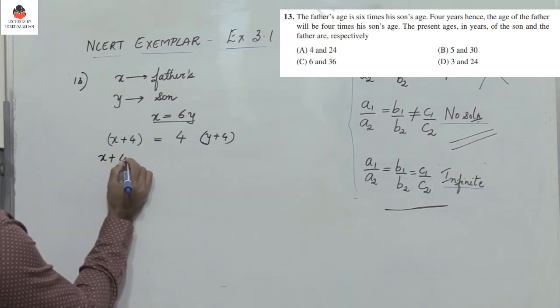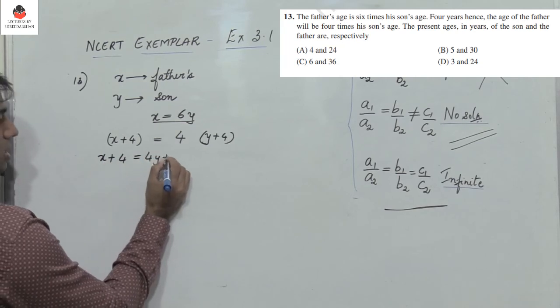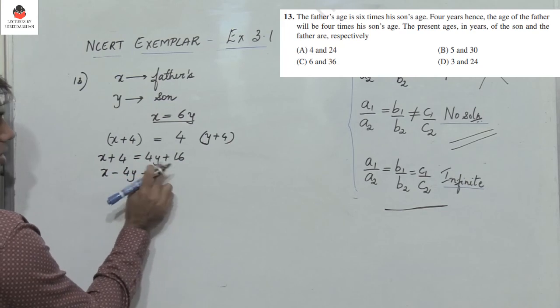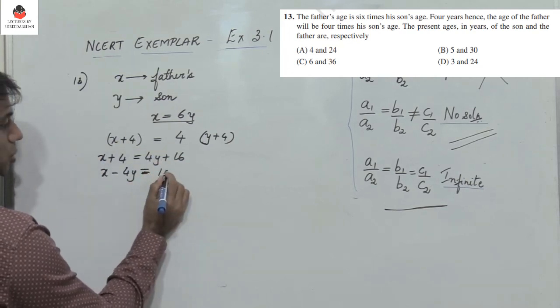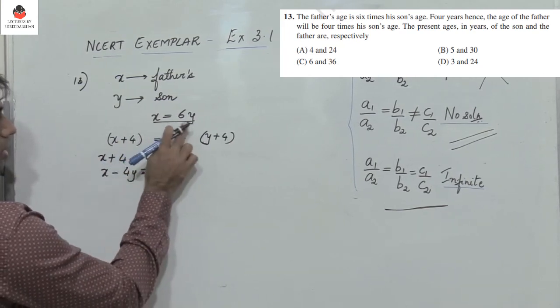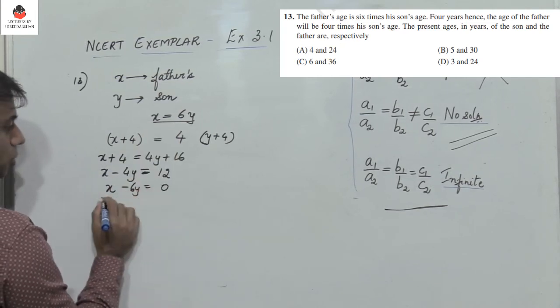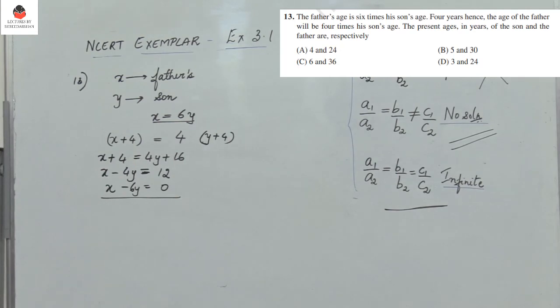So we get x plus 4 equals 4y plus 16, or x minus 4y equals 16 minus 4. I get it as 12. And here I can write this as x minus 6y equal to 0. So here we get two equations. X minus 4y equals 12 and x minus 6y equals 0.